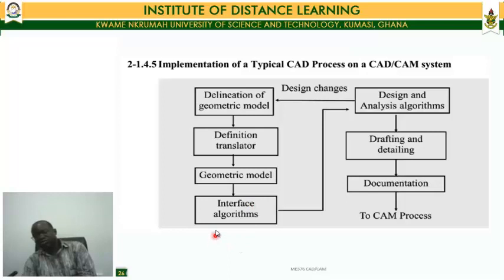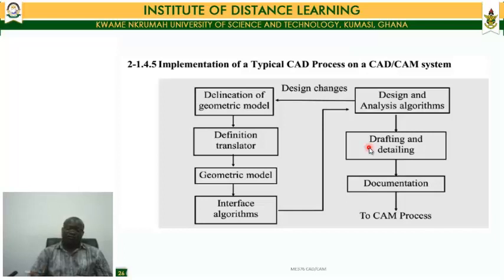Then, of course, if we want to perform some analysis, there will be need for some algorithms, which we normally call interface algorithms, to do design and analysis. Then after we've done the analysis, we go to do the drafting and detailing. Okay.